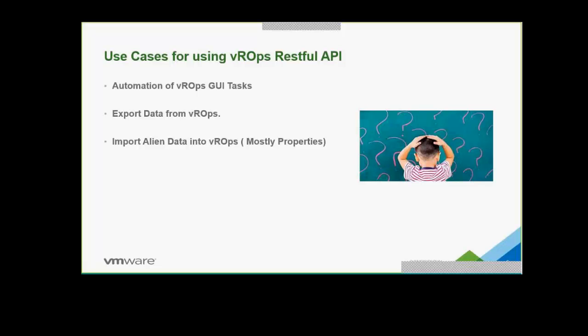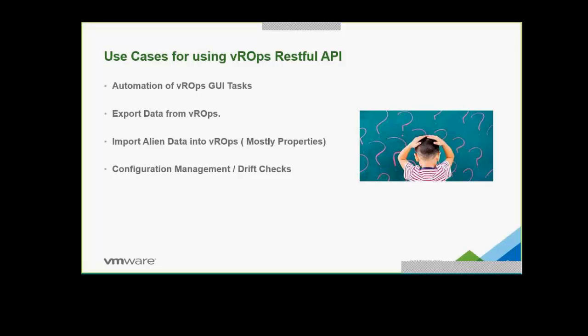One of the most famous ones in this aspect is bringing in CMDB data into vROps, where you really want a unified view of all your CIs or configuration items, not only from the perspective of what you've configured in the CMDB, but also from the perspective of their performance, capacity, availability, and configuration in terms of what vROps does for all these CIs, such as virtual machines, data stores, ESX servers, etc. So while vROps does not have your CMDB data, you can always push that data through the APIs and bring that into a unified view by adding those new fields within your objects in vROps. So that's another use case which is quite common.